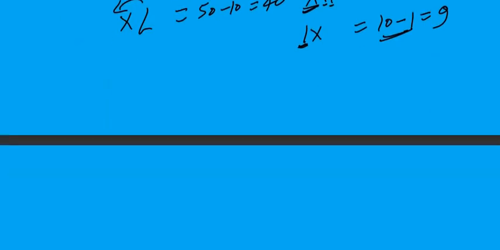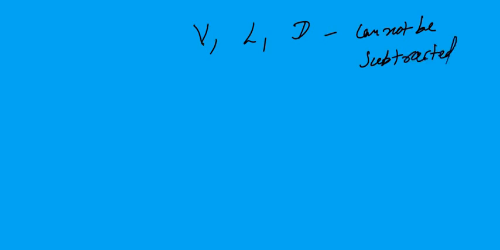But the next rule is that V, L and D cannot be subtracted. Remember that these are not multiples of 10. That's why they cannot be subtracted.